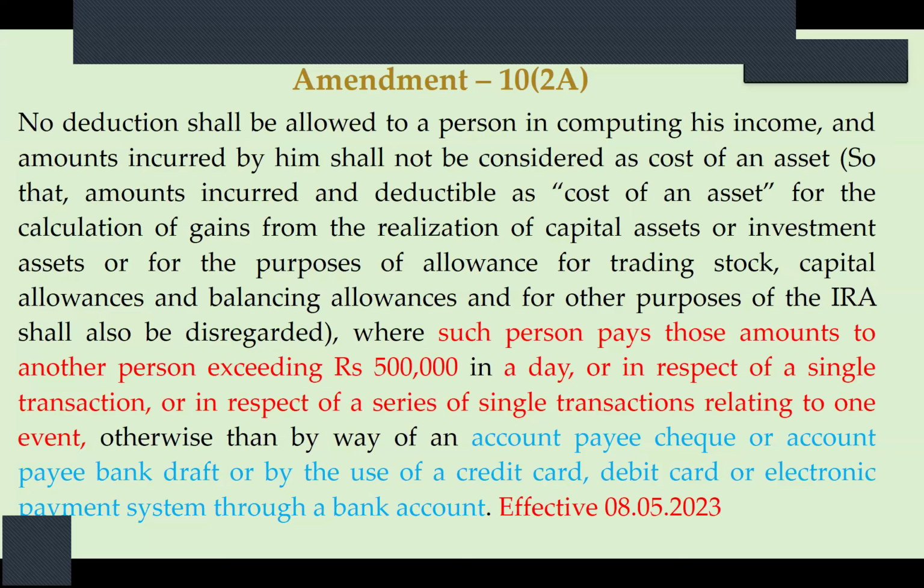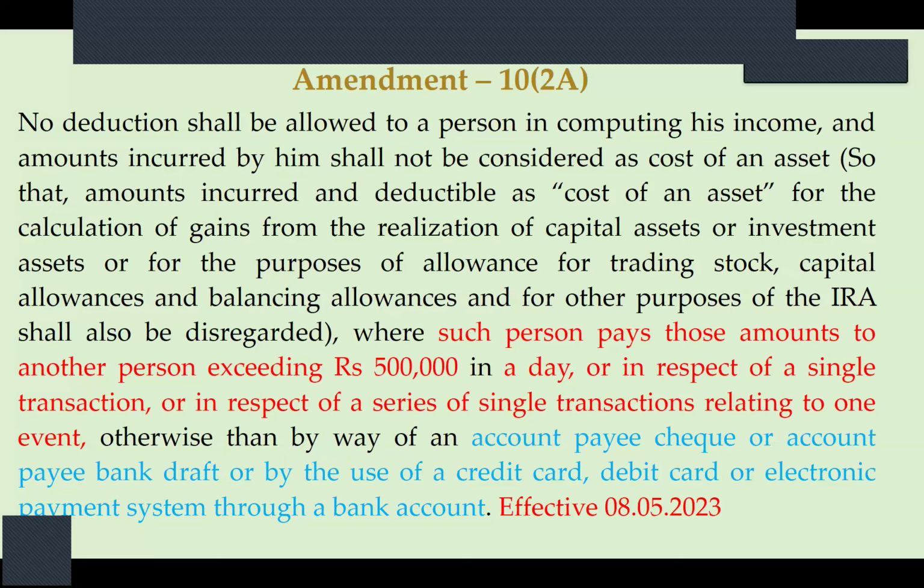If we are making a payment of a value exceeding 500,000, then we have to make that payment through a bank. It can be a credit card, debit card, or electronic payment system, through a bank account.